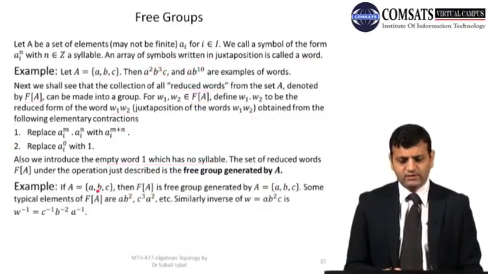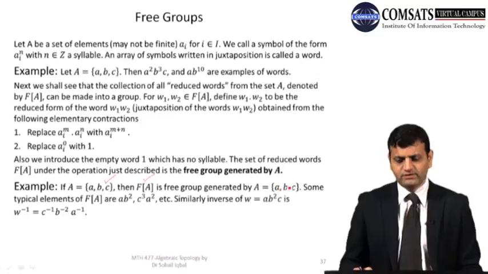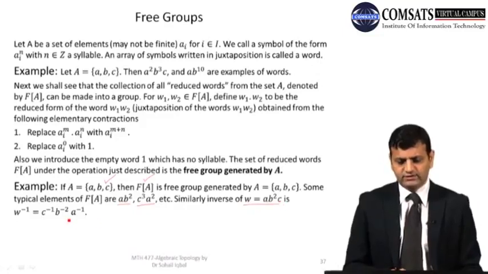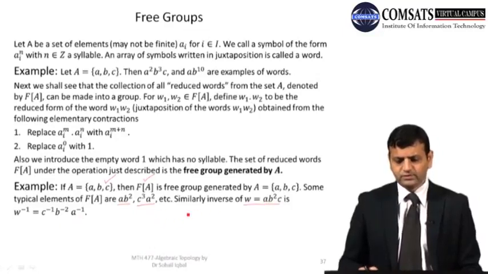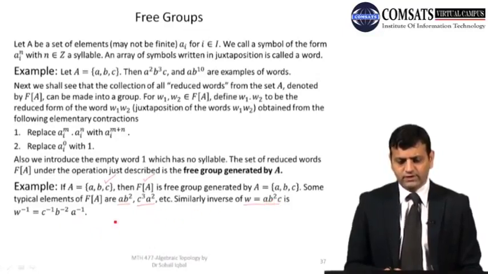So consider another example. If A is equal to {a, b, c} and F(A) is the group of all reduced words in the symbols a, b, c, some of the typical elements are ab square, c cube a, etc. So the inverse of ab square c is this element. What we have done to obtain this inverse is two things. First, reverse the order.